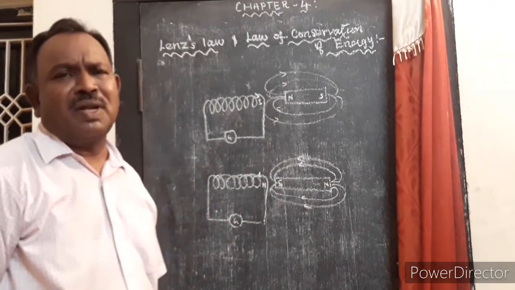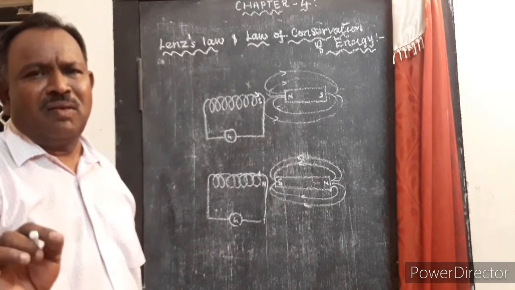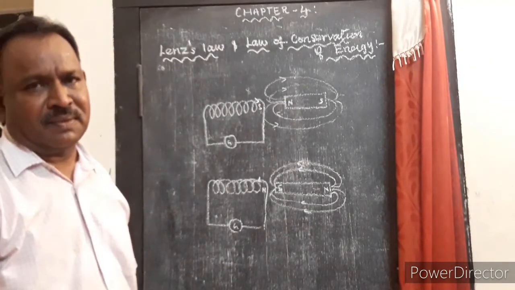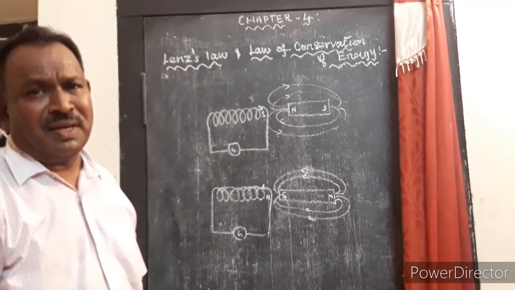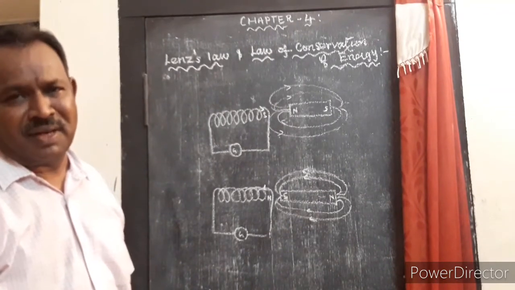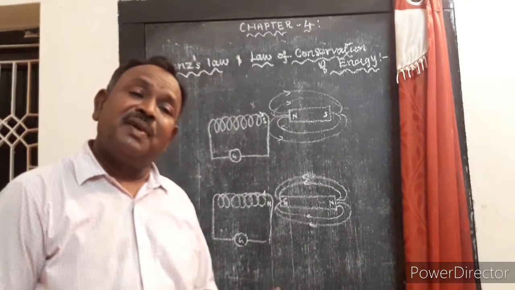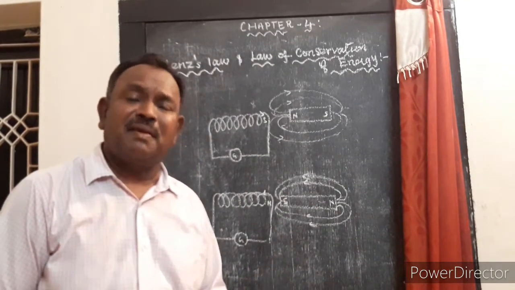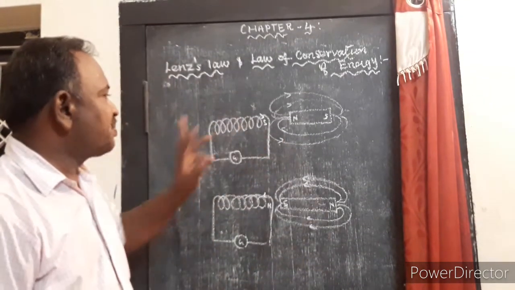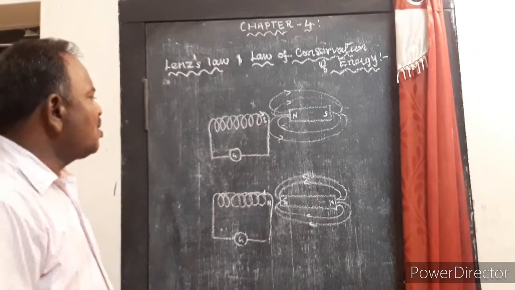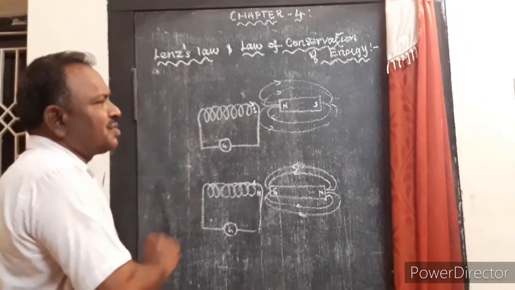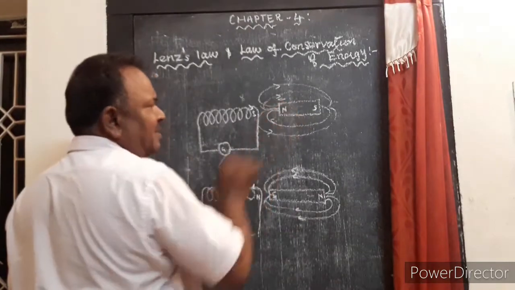According to Lenz's law, effect always opposes the cause. So what is the cause here? Electromagnetic induction. When will electromagnetic induction take place? Whenever there is change in the magnetic flux. See this experiment. In order to produce electromagnetic induction, I have to move this magnet.